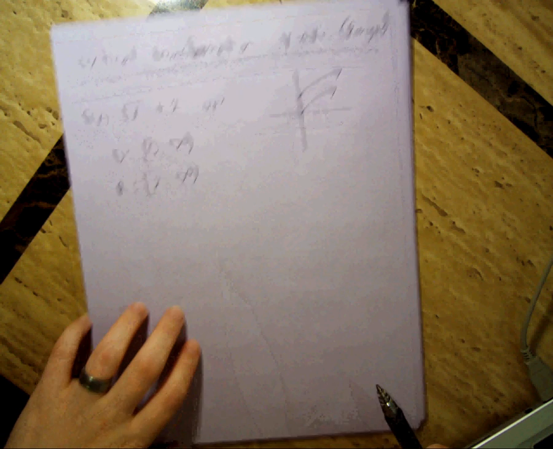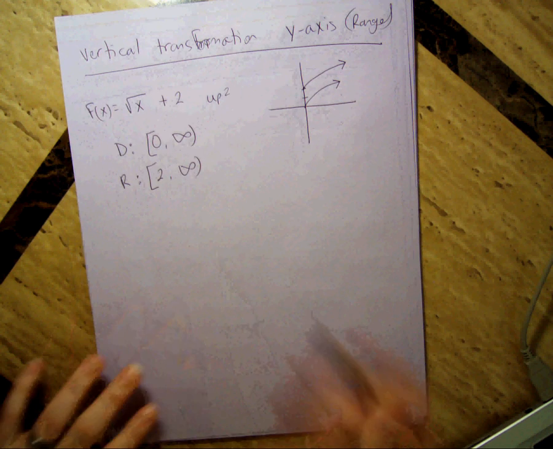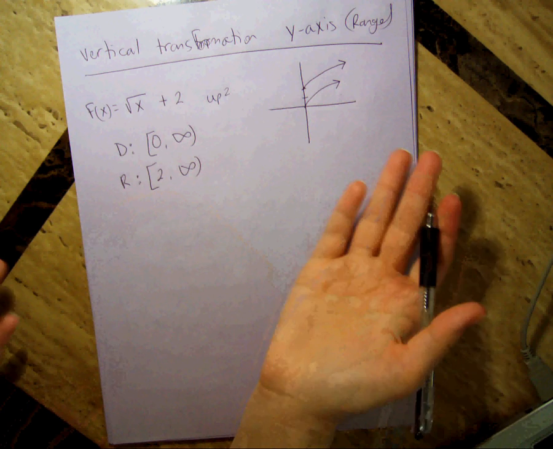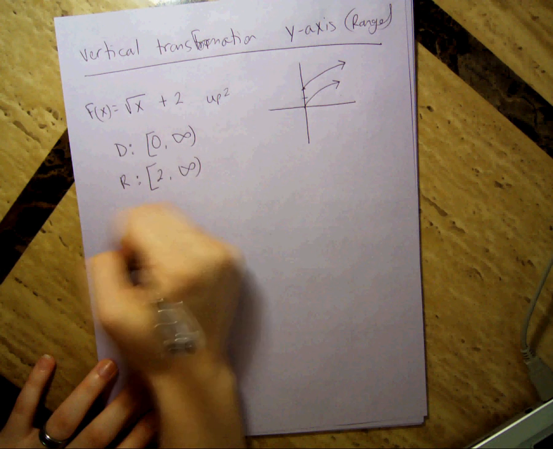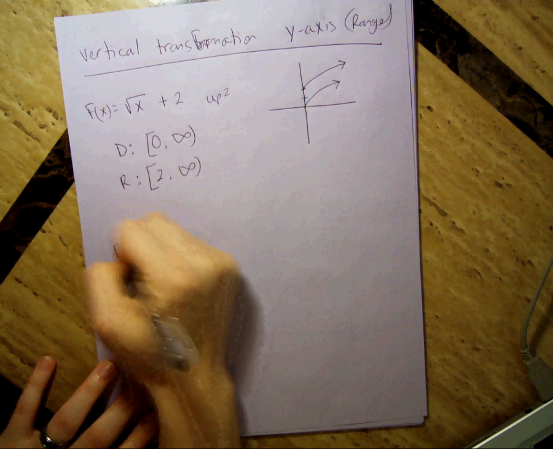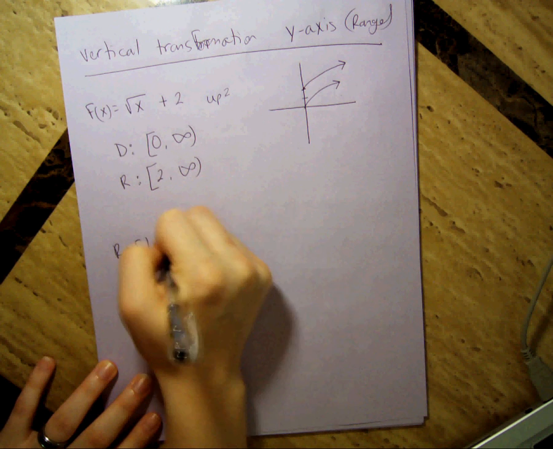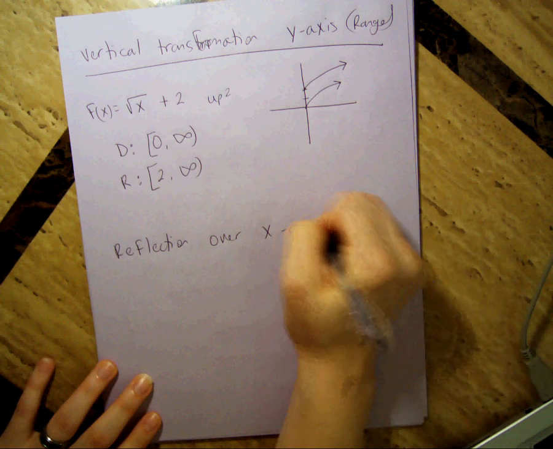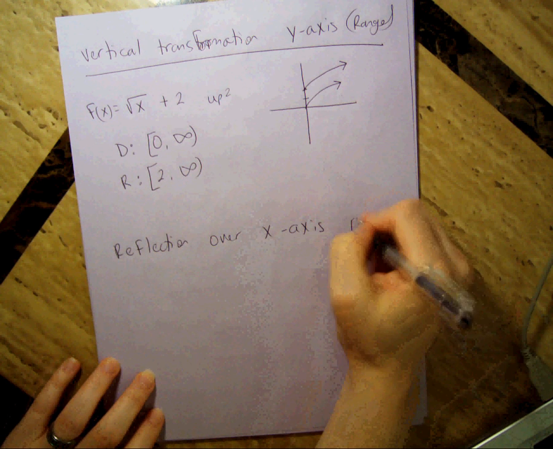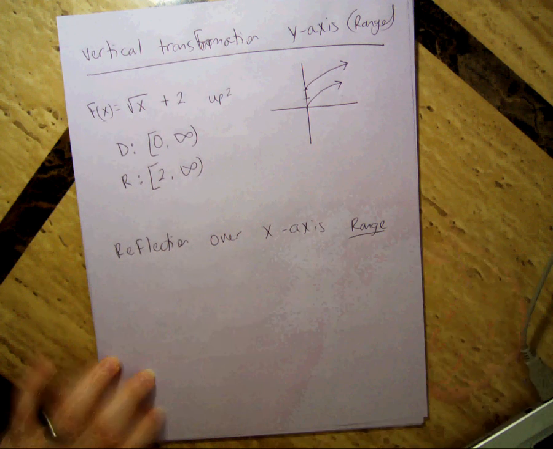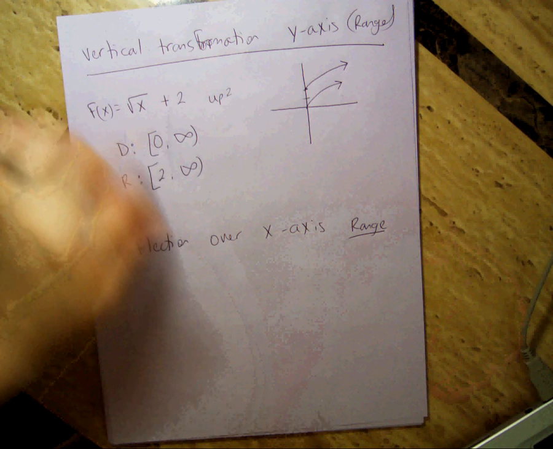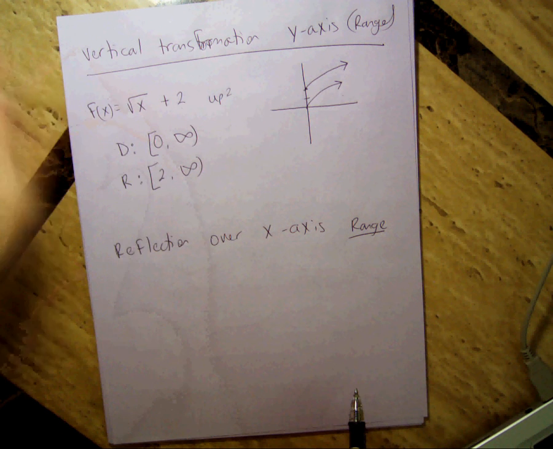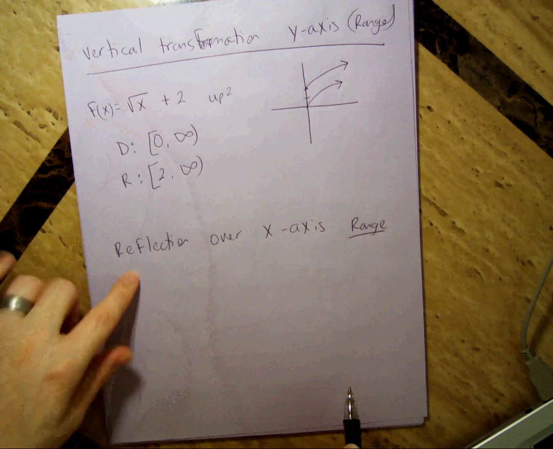Alright, so the last one that we're going to look at that will have an effect on our range is the negative value, so our reflection over the x-axis. This is going to affect our range as well. So we have two transformations that affect our range, the vertical transformation and the reflection over the x-axis.